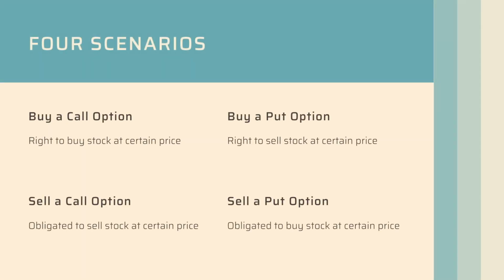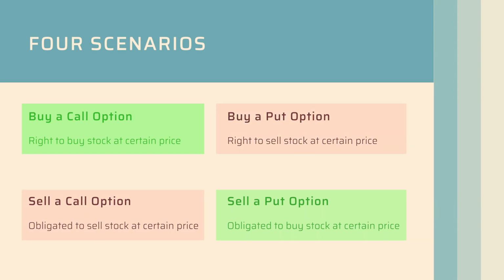So the four scenarios are as follows. If you are bullish on a stock, you can either buy a call option or sell a put option. Whereas if you are bearish on a stock, you can either buy a put option or sell a call option. When you buy a call option, you have the right to buy stock at a certain price.